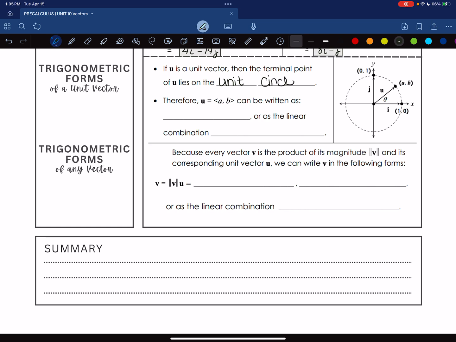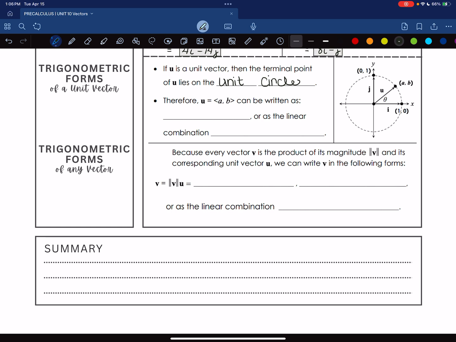Remember, your unit circle has a radius of 1, and so if we are just 1 unit away from your origin, well, that's where the standard unit vector i and where the standard unit vector j would be terminating on those quadrant angles.